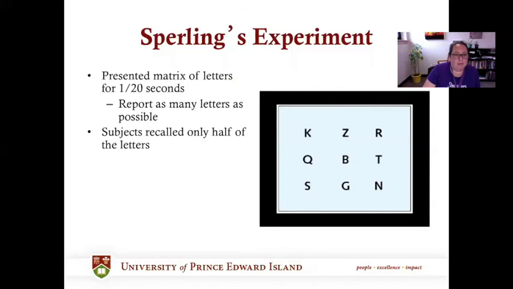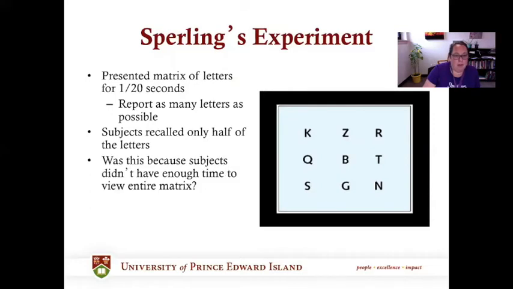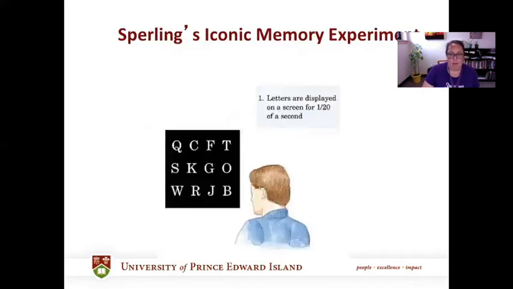And indeed, subjects were saying that they couldn't say the whole array because the image faded. So is it what his subjects said, that the image faded, or is it that they only saw so many of the images? How could Sperling figure this out?